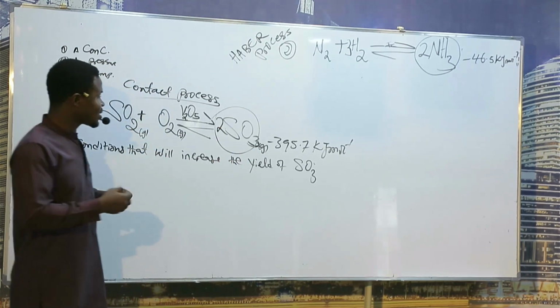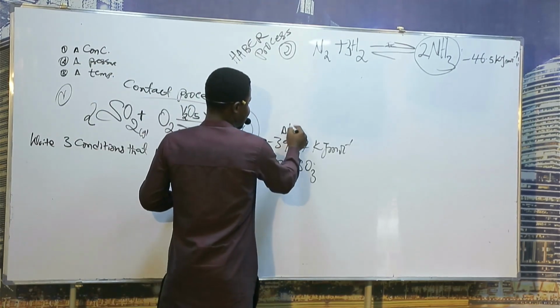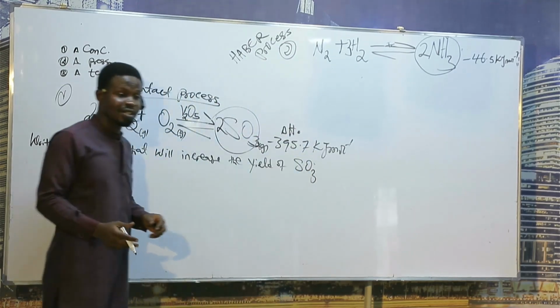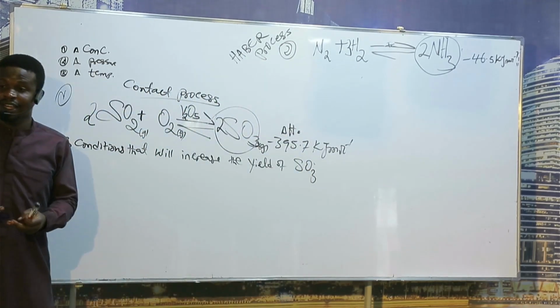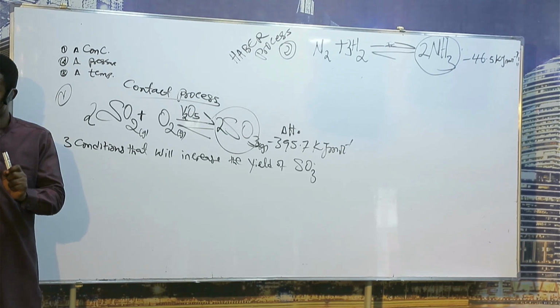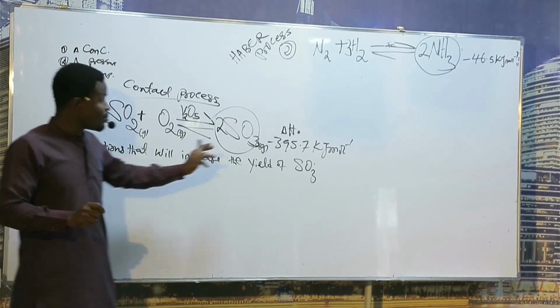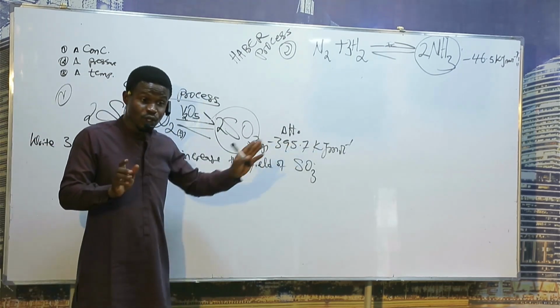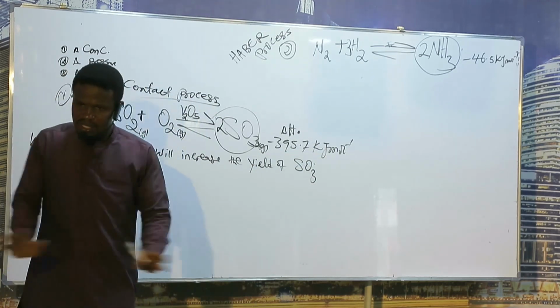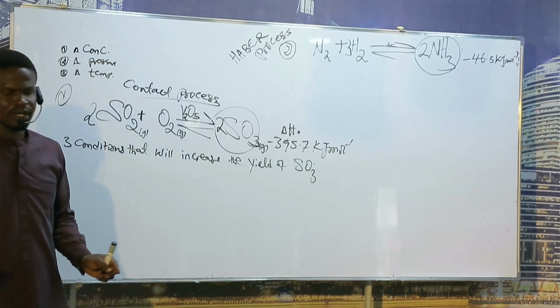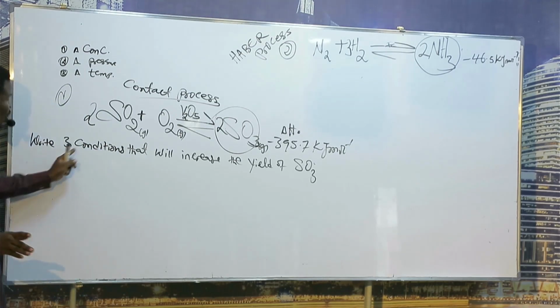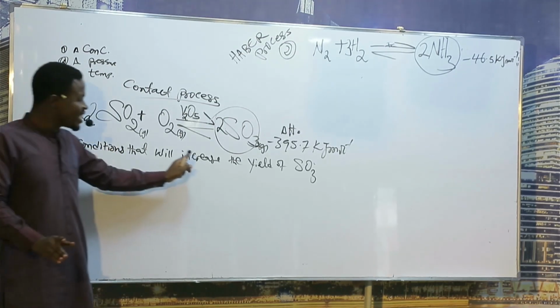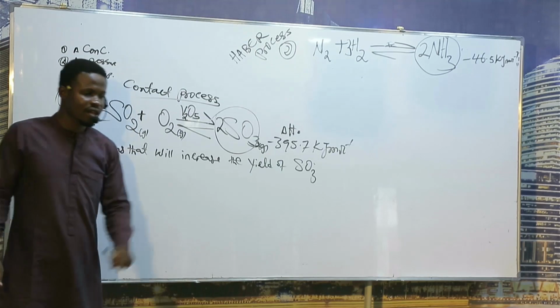And I said that the delta H, the heat change, that's the enthalpy, is minus 395.7 kilojoule per mole. We've established this; they will give it to you in your exams. Then they ask you to write three conditions that will increase the yield of SO3.